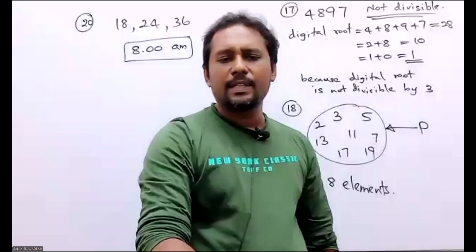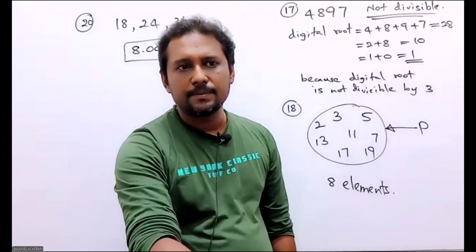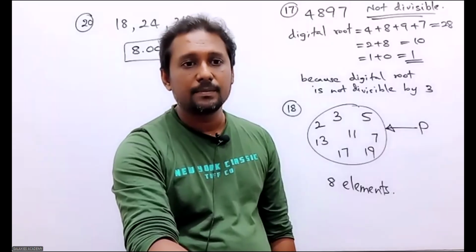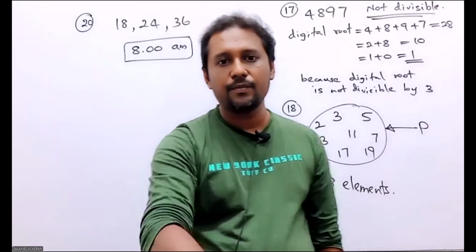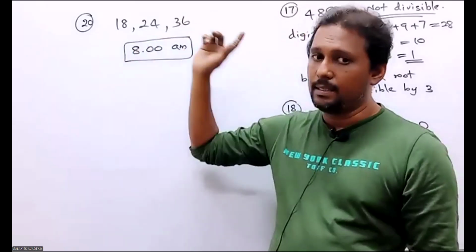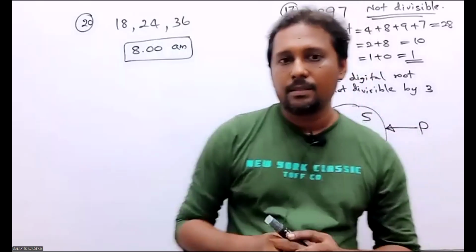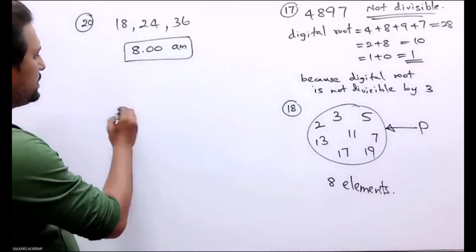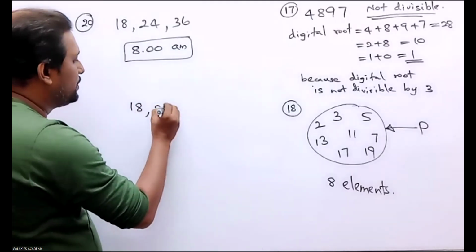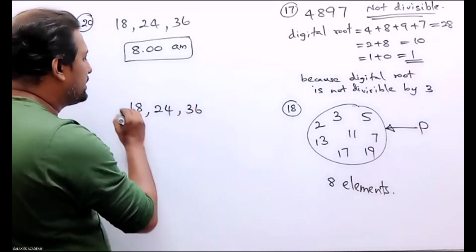හරි. එතකොට ඔය වගේ questions වලදී අපි මොකද use කරගන්න ඕන? You have to find what? LCM, no? Right? Least common multiple of these three. Right. How you can find the least common multiple? There are two methods. I will use the division method.